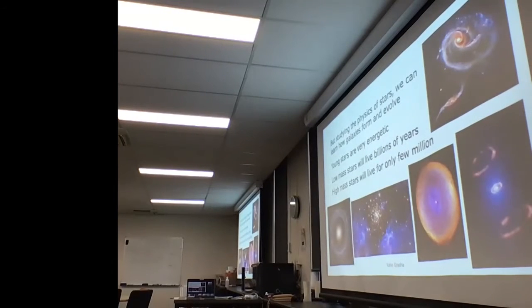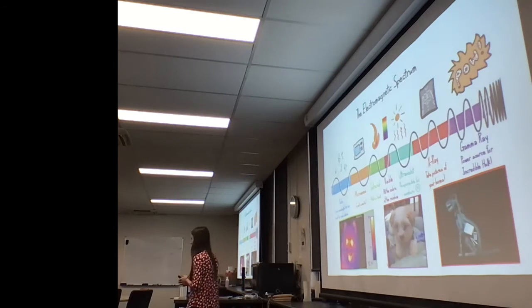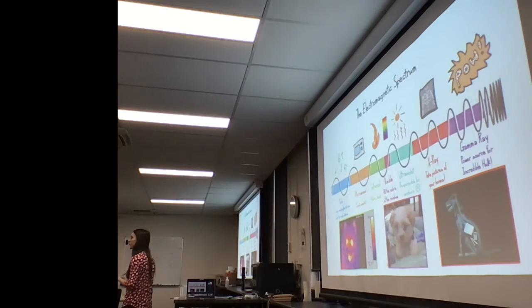Yes, so radio frequency, let's see, should I go back to a slide? Light is a super weird thing, right? Because it's a wave and it's also a particle at the same time, the wave-particle duality. When you take quantum mechanics, you have to know this.